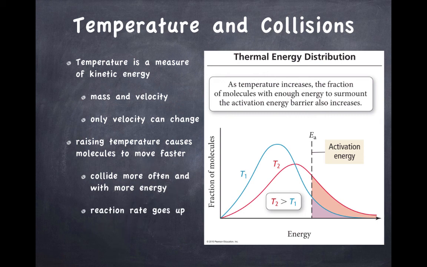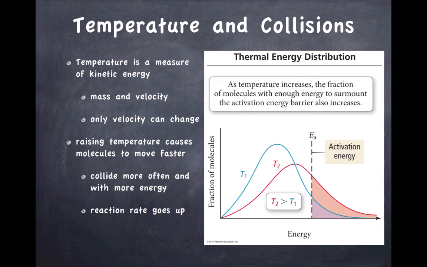Now if we look at this little graph over here on the side, we see EA, the activation energy, which is an energy barrier that molecules have to meet in order to react. This exponential for the fraction of molecules with a certain energy never goes to zero.